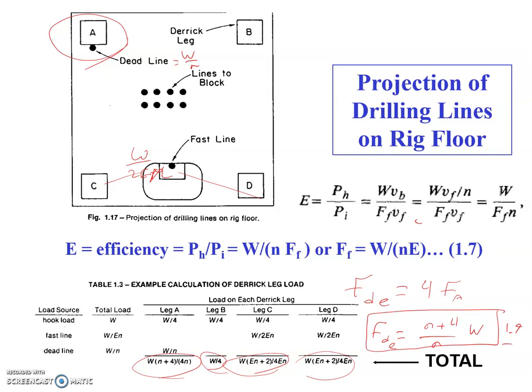Okay, so now a parameter sometimes used to evaluate different drilling line arrangements is called the derrick efficiency factor, and it is the ratio of the actual derrick load to the maximum equivalent load. So if I want to define the ED, this is different from the efficiency here. This is called the derrick efficiency factor.